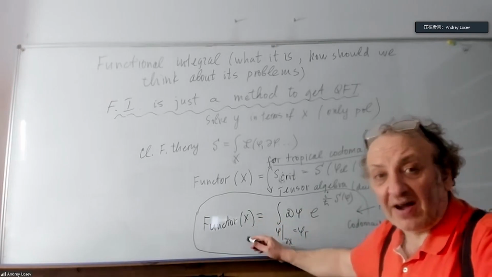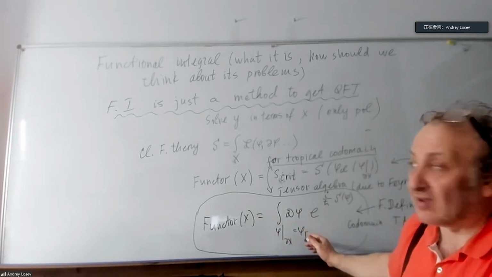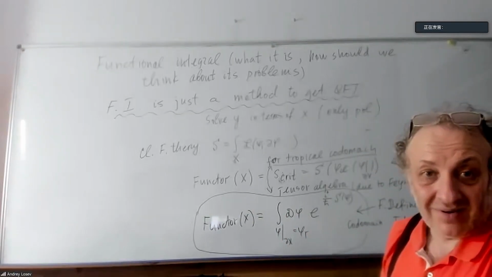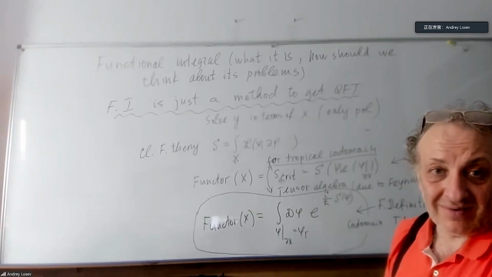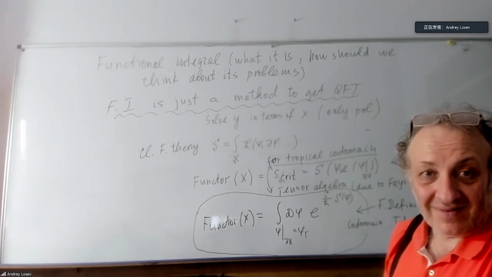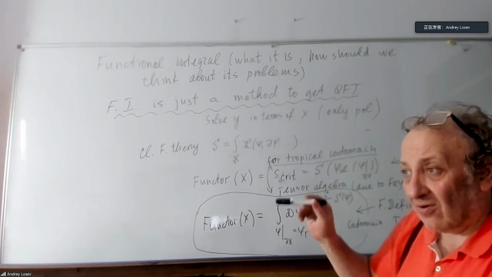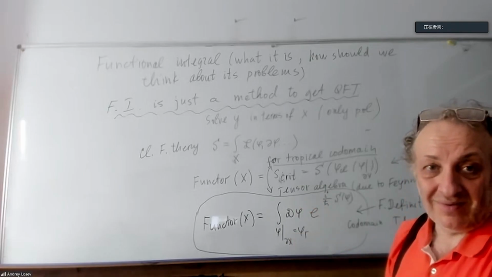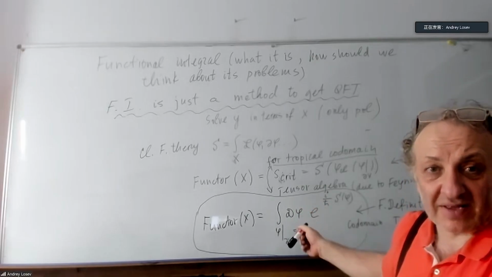But a functor is a functor, and a functional integral is an integral. I gave you the parabola to explain that you can have this function 1 over x plus 1, where the method of getting it fails.